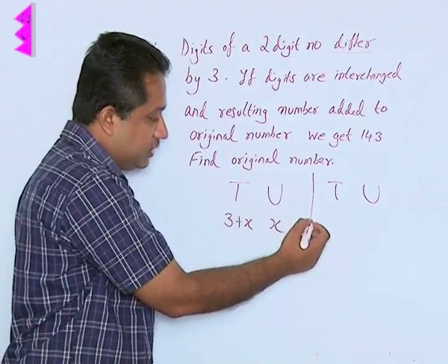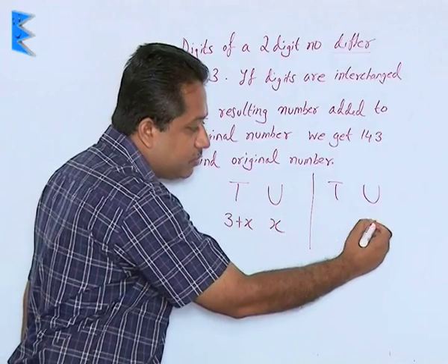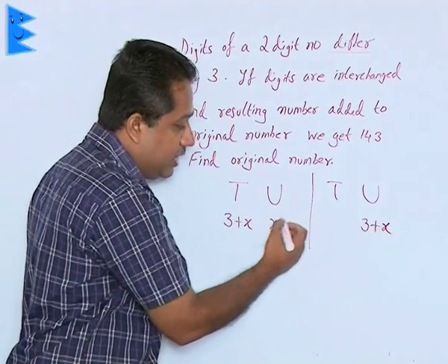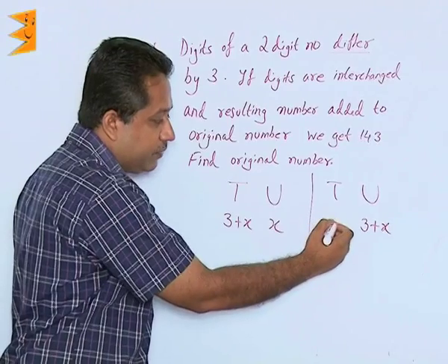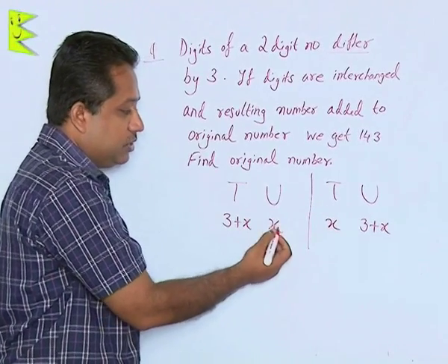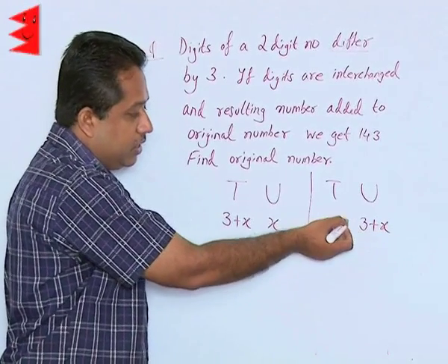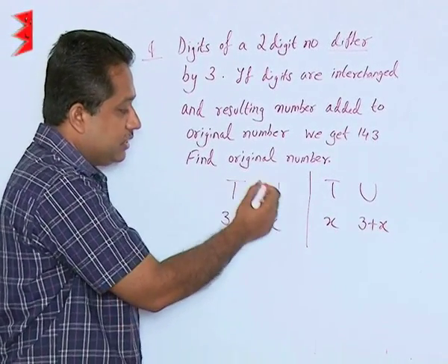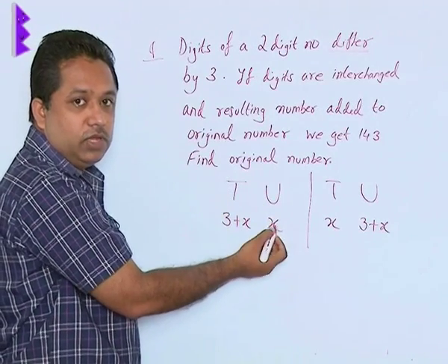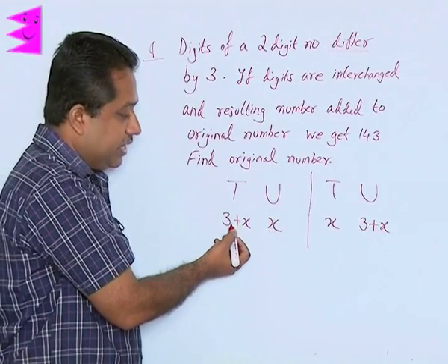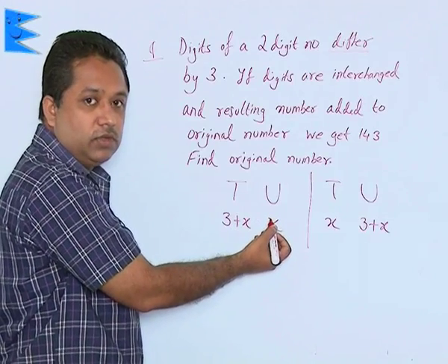When we reverse this, the tens place goes to the units place, that is, this becomes 3 plus x, and here this was the units place, that will become the tens place. So, this is our original number and this is our reversed number. Now, how do you find the value of this original number? The value of the original number can be found by multiplying the digit at the tens place with 10 and multiplying the units digit with 1.